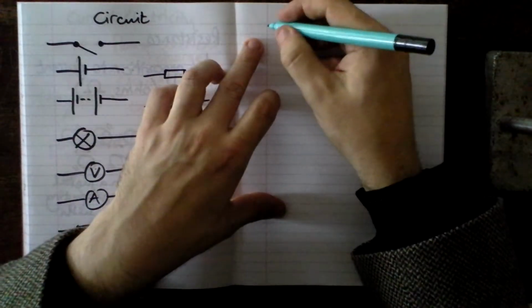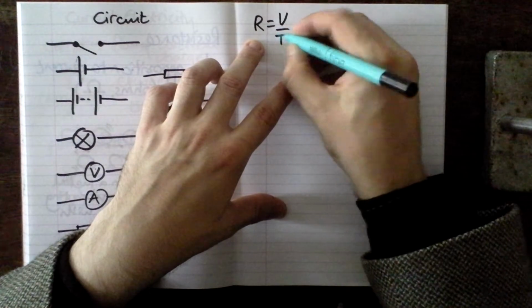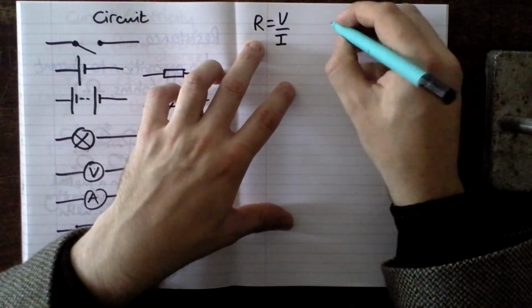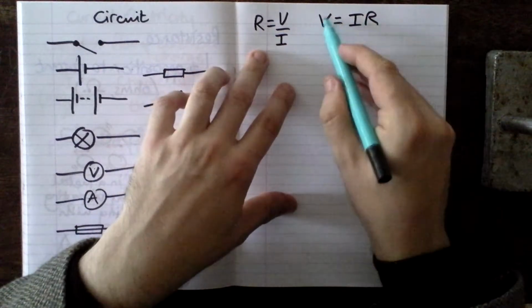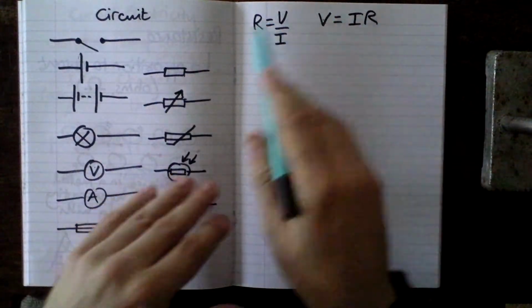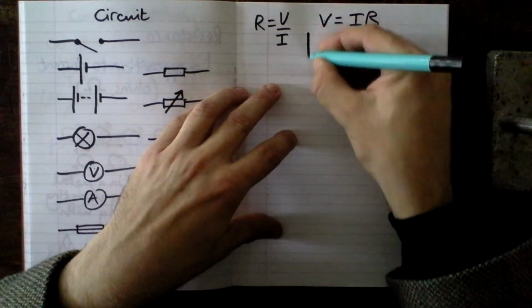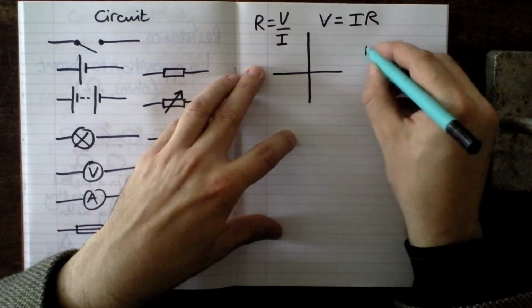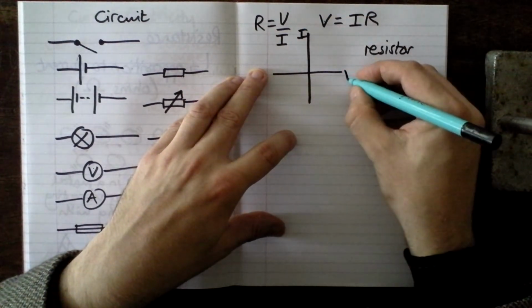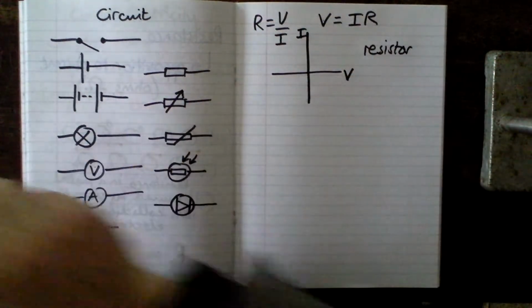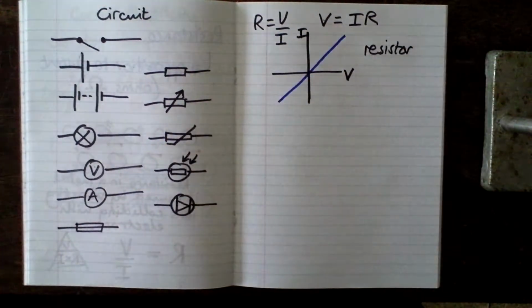Now, if you remember from last time, we said Ohm's law, R equals V over I, or if I rearrange that, I can say that V equals IR, and you can see that voltage and current are in direct proportion related to resistance. So if I draw a graph for a resistor, if I draw current and voltage, then I should see a straight line through the origin, direct proportion.